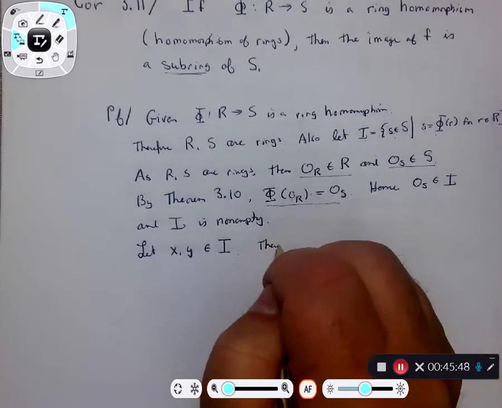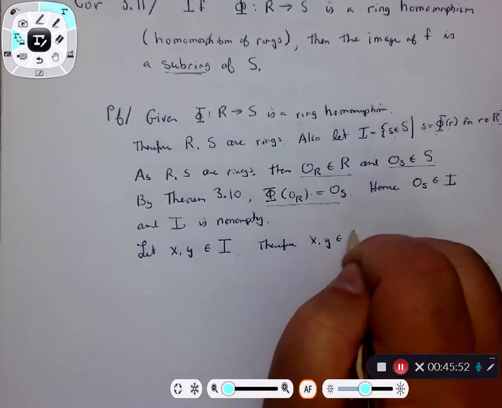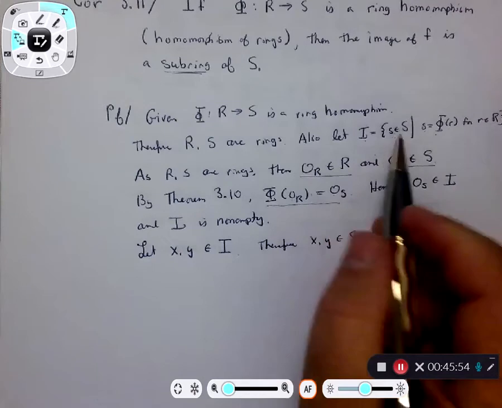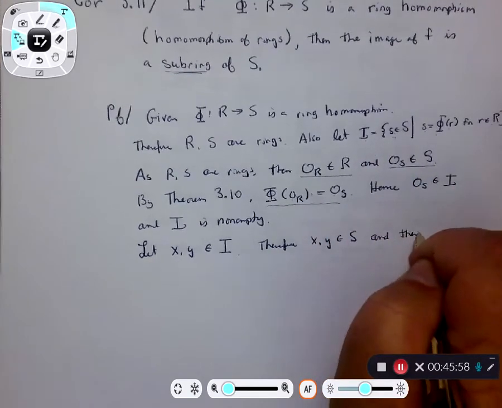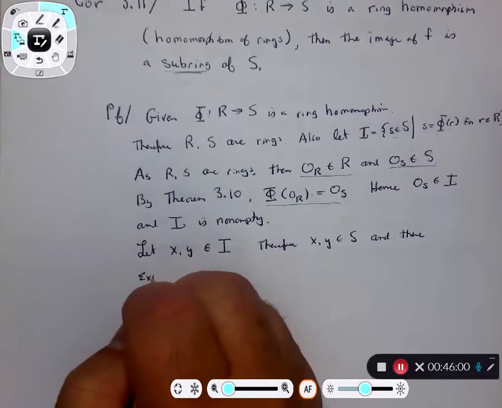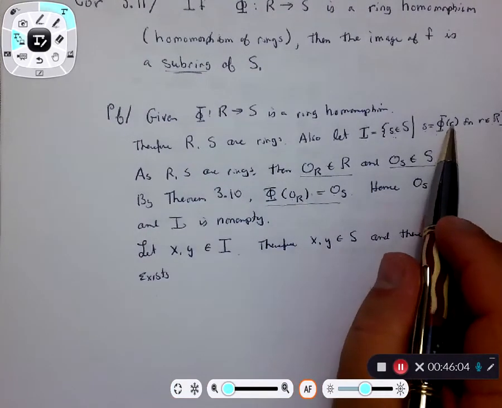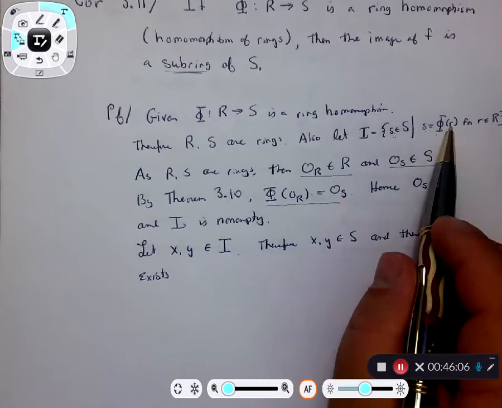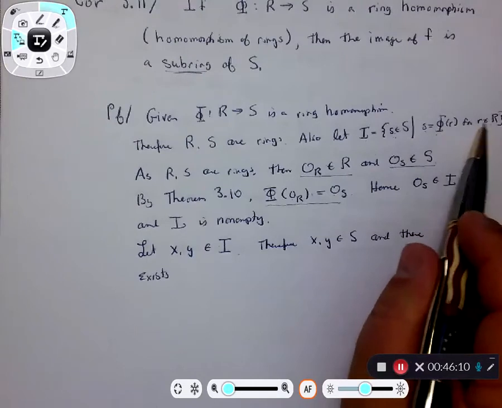Therefore, X and Y are elements of S, that's where they came from, and there exists, great time for subset notation here, s is equal to phi of r for some r in R. So anytime I have r, that's when I'm going to use subscripts.